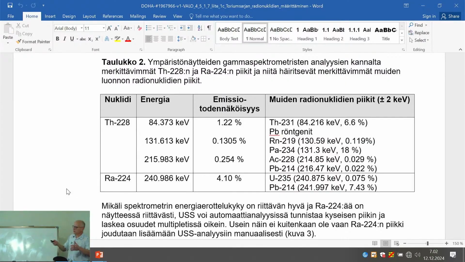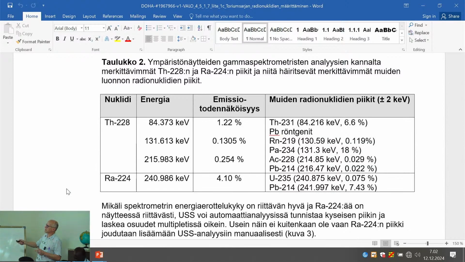So I collected information of each natural radio element and checked that there are no peaks close to the relevant peak.